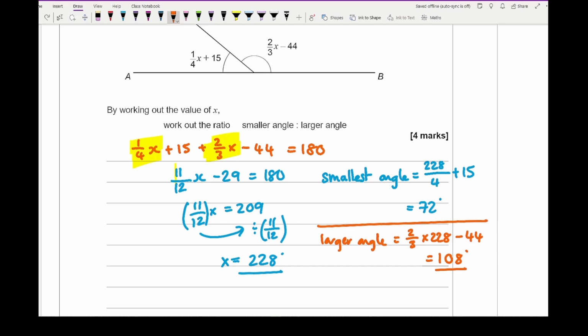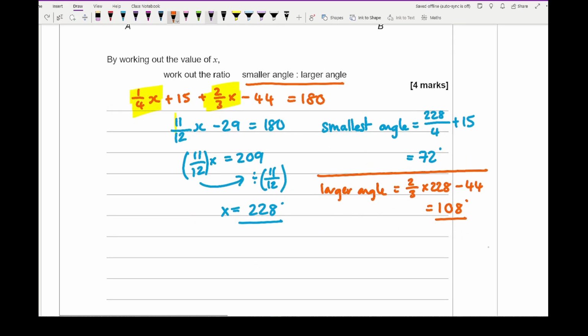And then all we need to do is write that as a ratio. So from this, the ratio of small to large is 72 to 108, which we can then simplify, which gives me 2 to 3. And there we go.